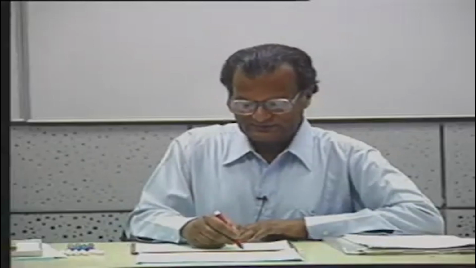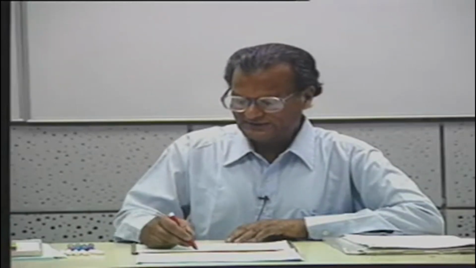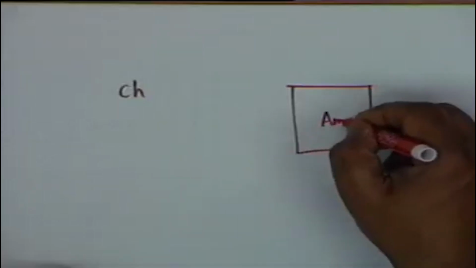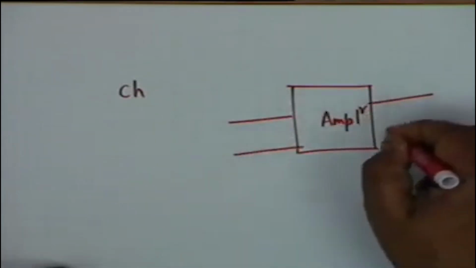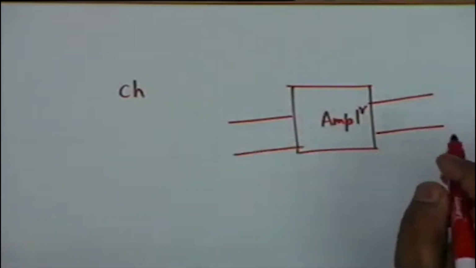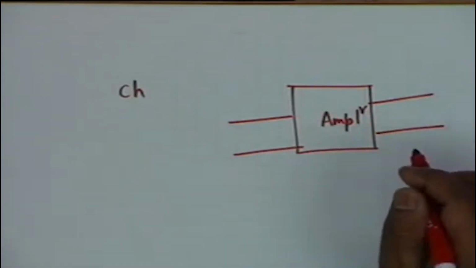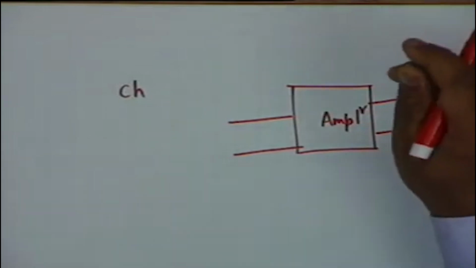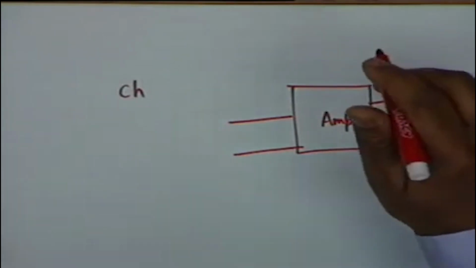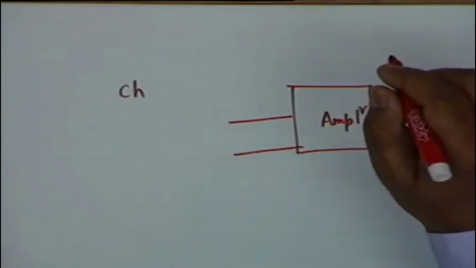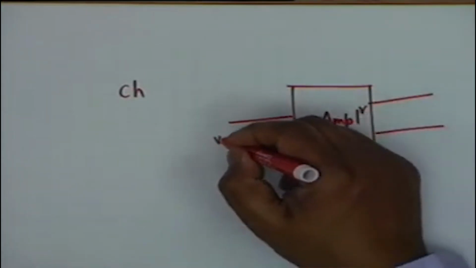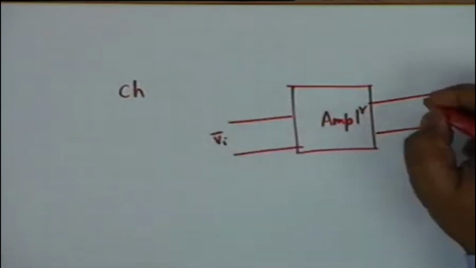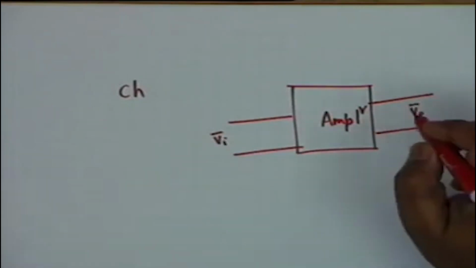How do you characterize amplifiers? Now we consider an amplifier as a black box. There are input terminals, there are output terminals, and mostly amplifiers are characterized by sinusoidal inputs, and therefore one can work in terms of phasors. Let's say that the input phasor is Vi and the output phasor is Vo.